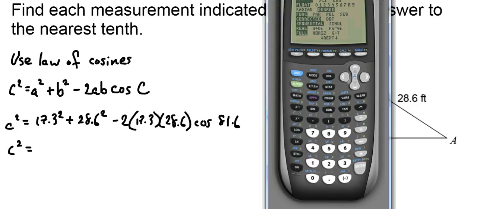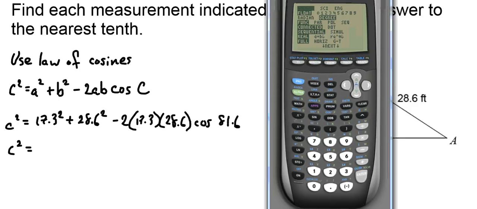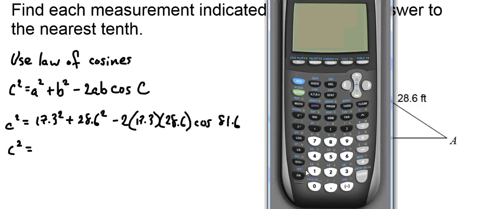My calculator happens to already be in degree mode, and you can see because this is highlighted here. Most likely when you first turn your calculator on, it will look like this. The radian will be highlighted there. So all you do is move your cursor down to radian, move one over to degree, press enter, and voila, you have degree mode. So let's clear out of that and plug in.